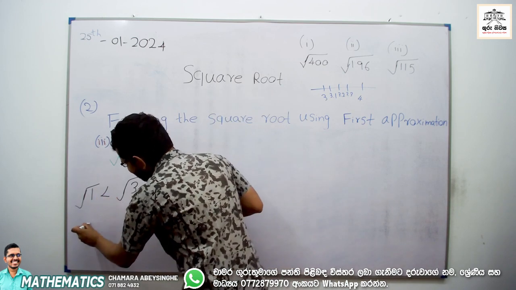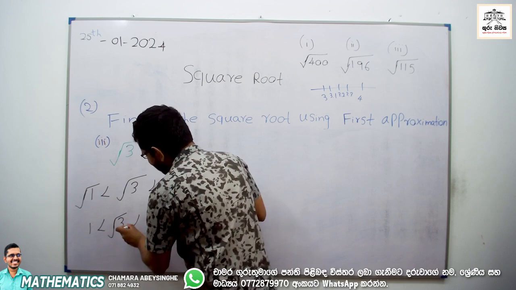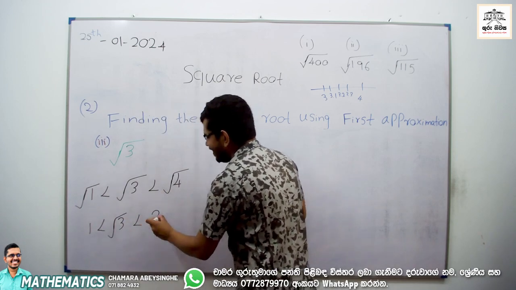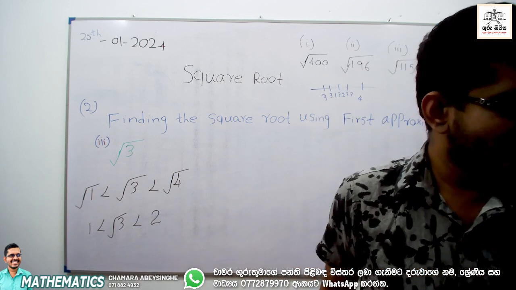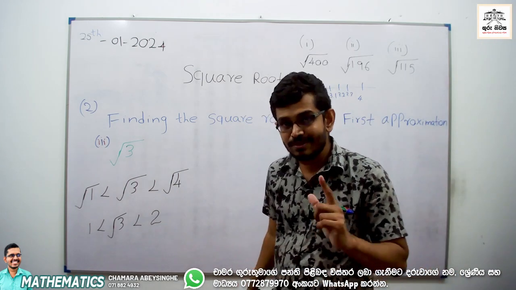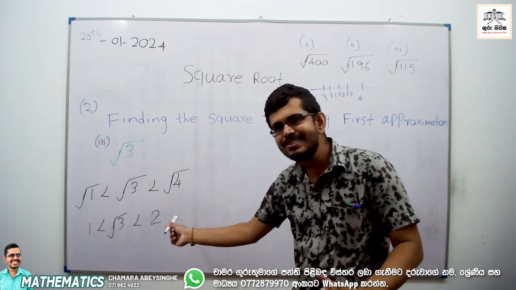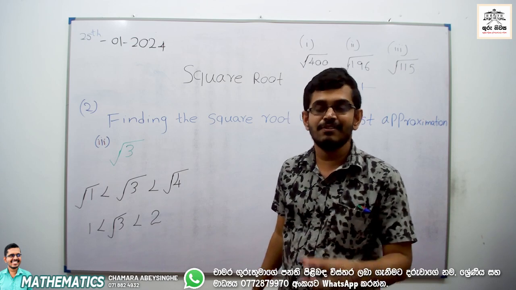Square root 1 is 1. Square root 3 we don't know. Square root 4 is 2. That means the value of the square root of 3 is located between 1 and 2. Between 1 and 2, there are a lot of numbers.